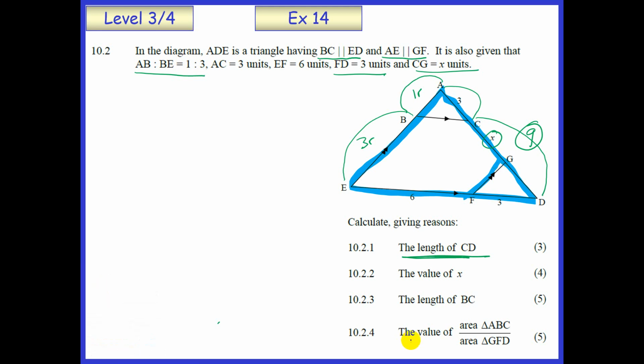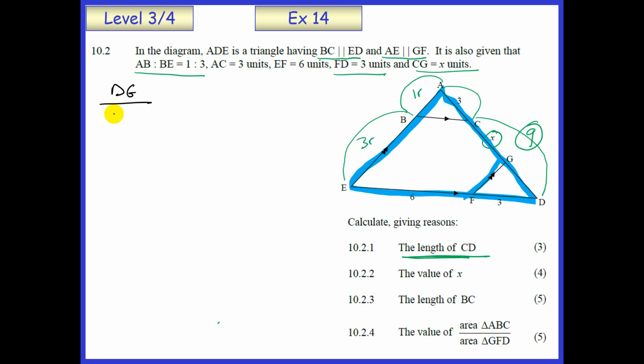So if GF is parallel to AE, we can say that DG over the entire side, I'm going to quickly put that down for you. Actually, let me write it down first.